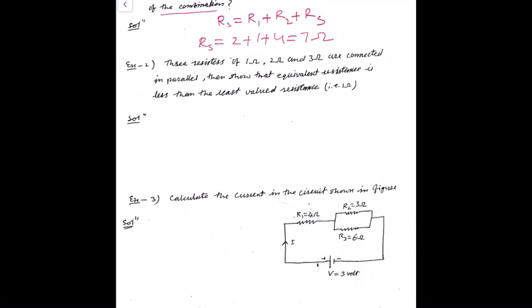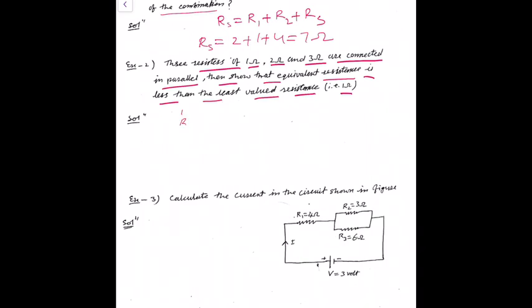Second example. Three resistors of 1 ohm, 2 ohm and 3 ohm are connected in parallel. Then show that the equivalent resistance is less than the least value of resistance, that is 1 ohm.